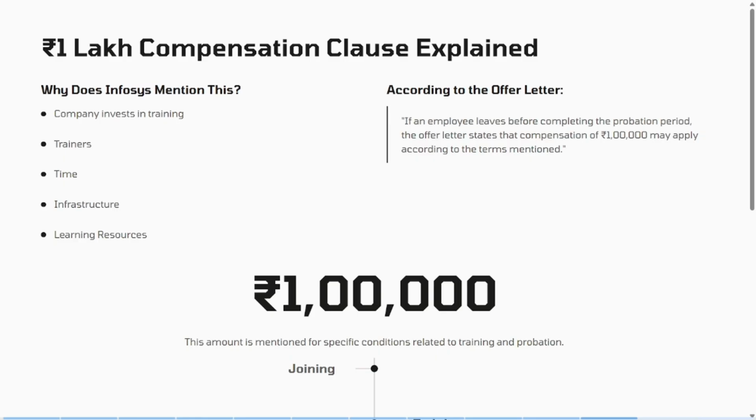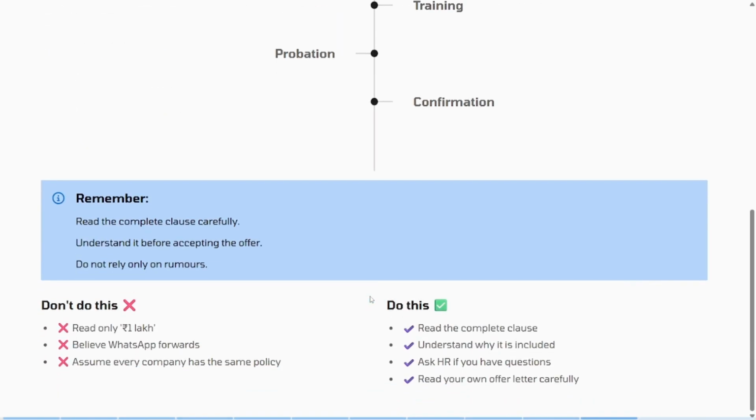If you don't understand, ask company HR, if you have the HR mail, rather than relying on social media or hearsay. Don't believe in fake information, okay?